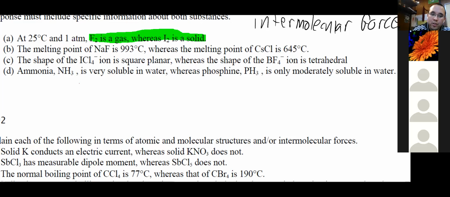This is something called your type of solid. Would you consider these to be molecular solids or non-molecular solids? Are these like a molecule where sodium and fluorine are united and travel together as a set? Or is it really just a big collection of sodiums and fluorines in a 1-to-1 ratio?